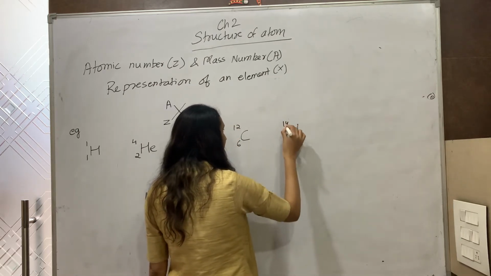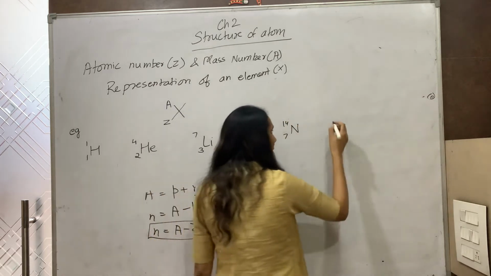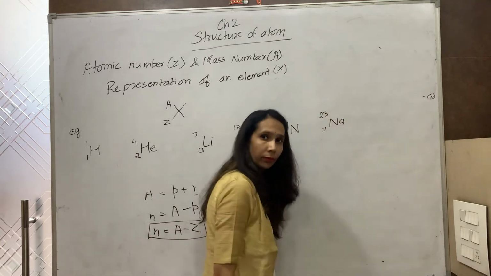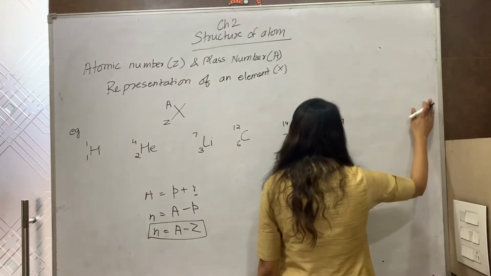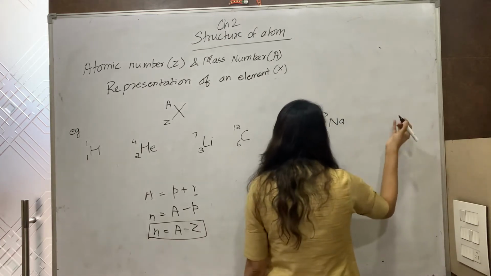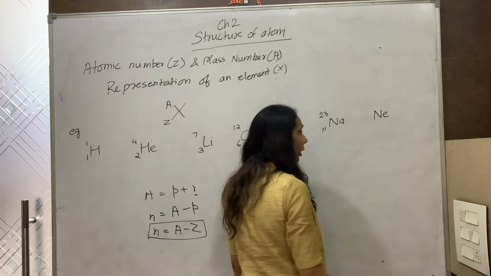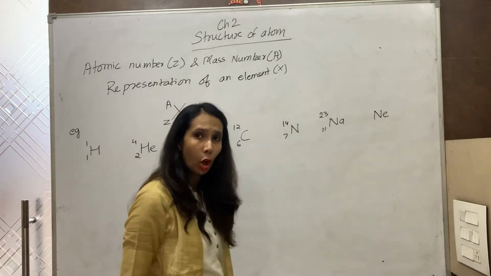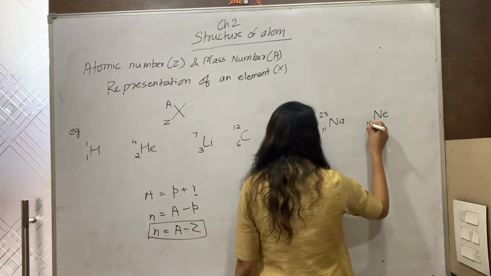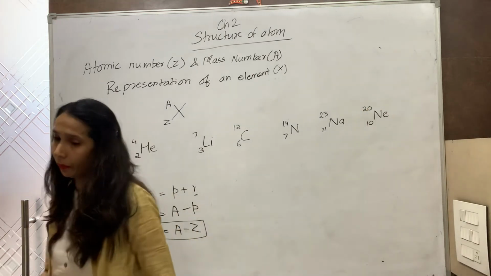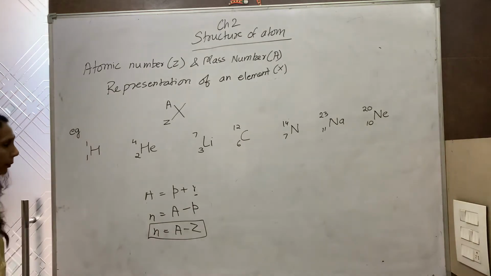Nitrogen, 7, 14. Sodium, 11, 23. Suppose I consider neon: the atomic number of neon is 10 and the mass number is 20. I've just considered different elements.